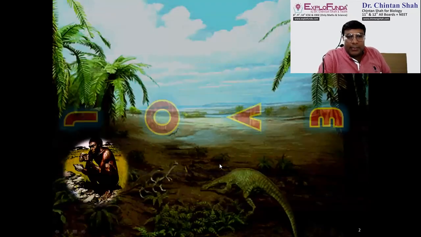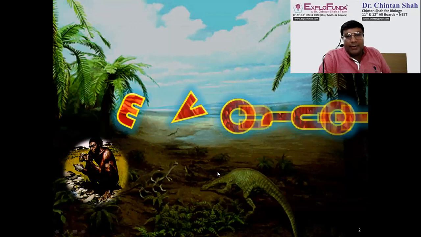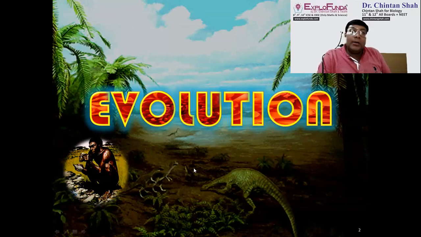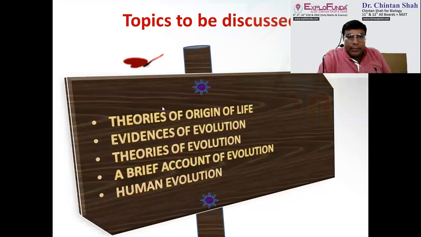So evolution has taken place. There were different kinds of eras and periods, the Jurassic era, the Jurassic period and so on. We should get to know about it. So theories of origin of life, evidences of evolution, theories of evolution, a brief account of evolution and human evolution.